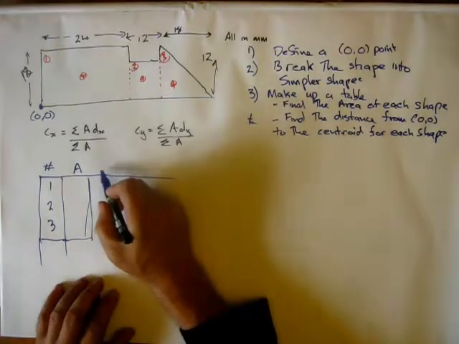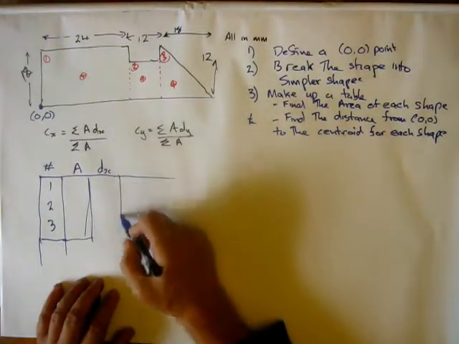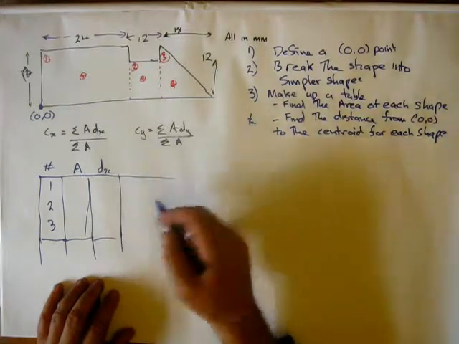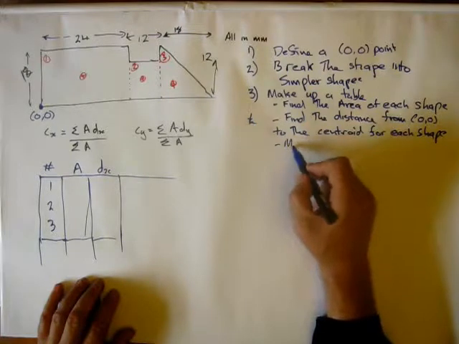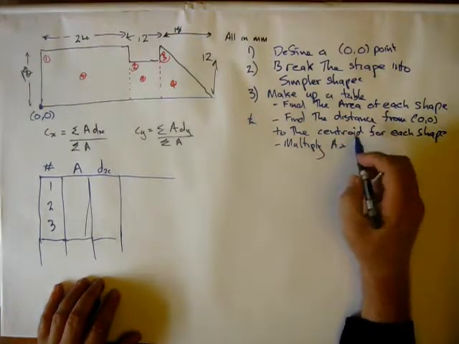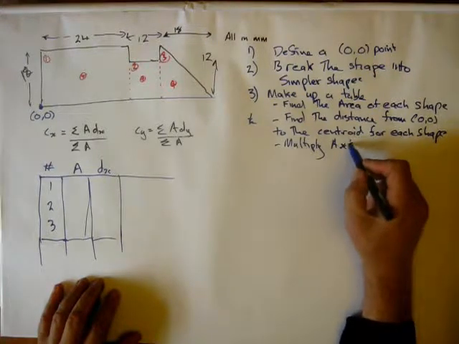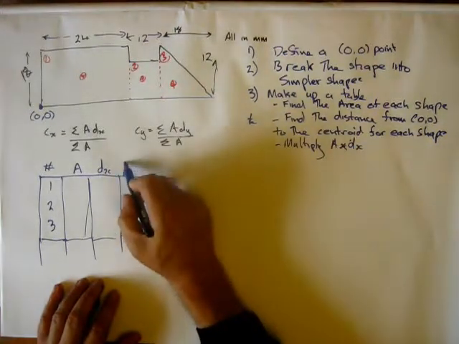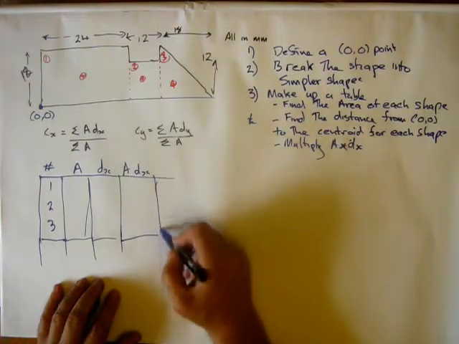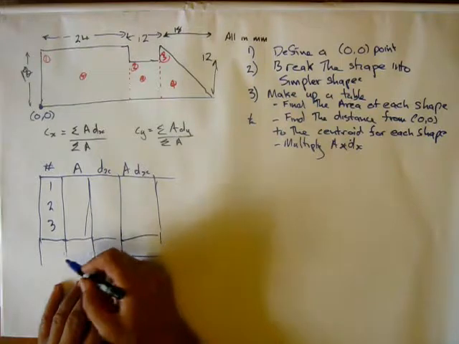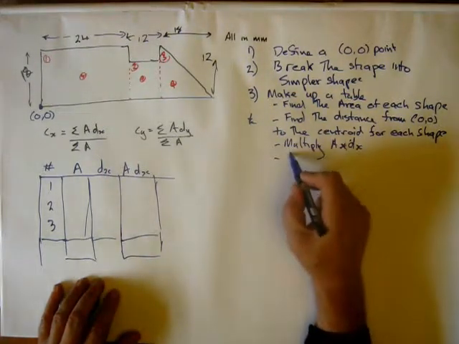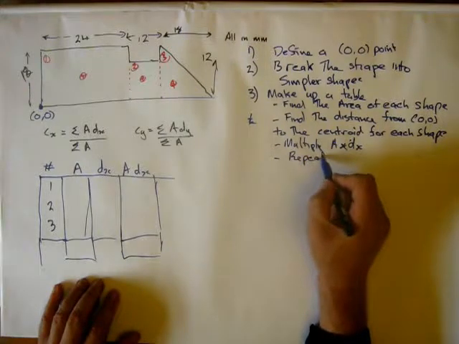So we're going to need a distance X. Then we multiply A times dx. So we've got A dx over here. And then we repeat for y.